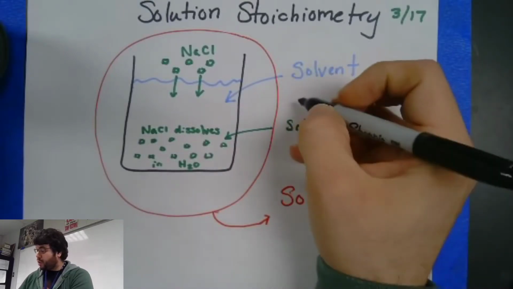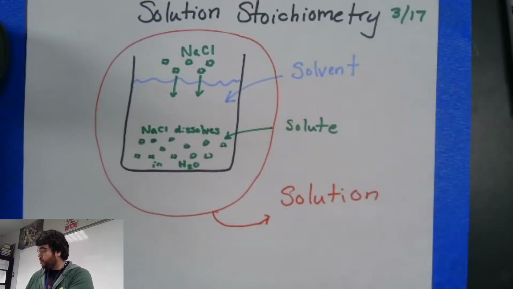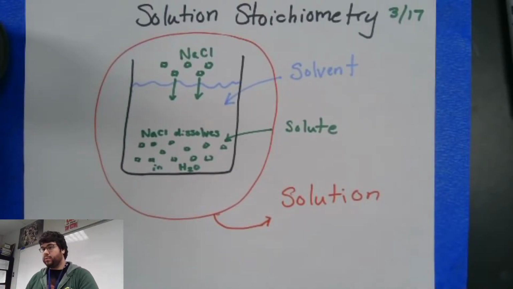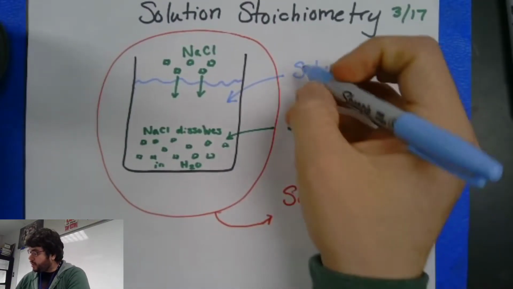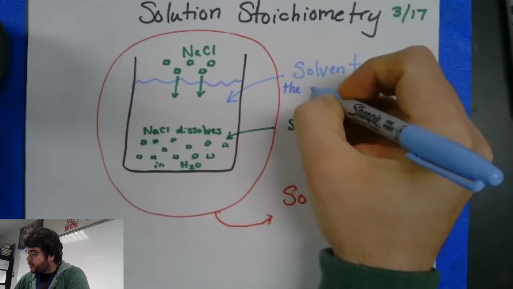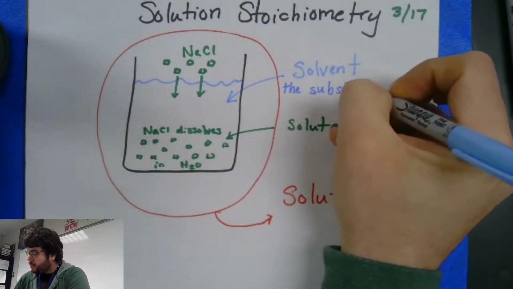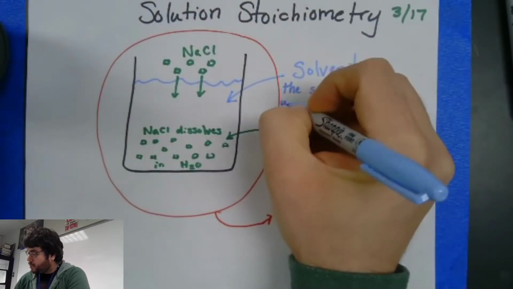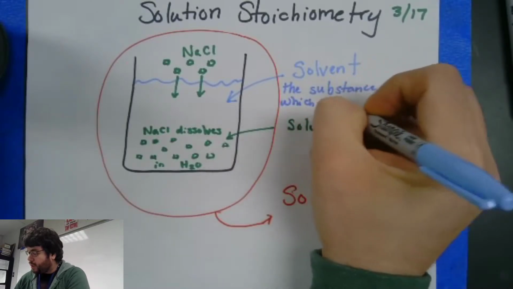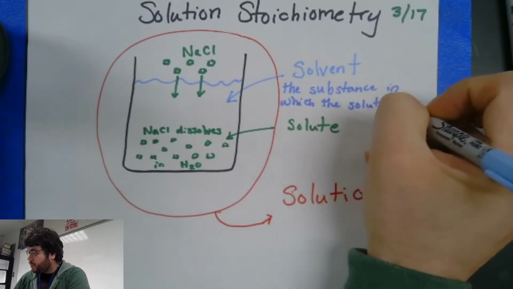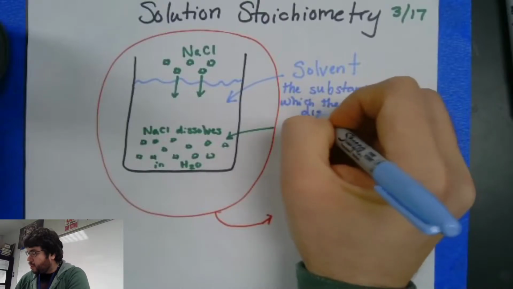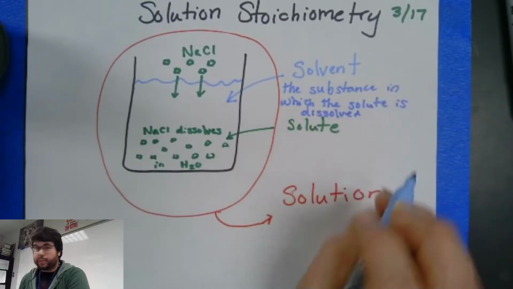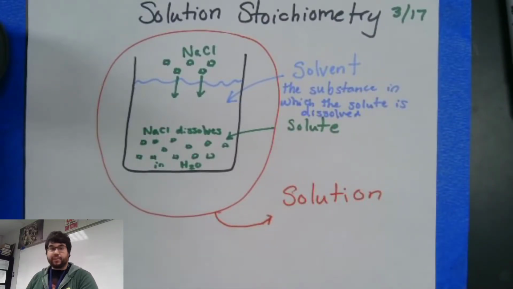Okay, so the solvent is, I'll switch to the blue pen because I'm using blue there, the substance in which the solute is dissolved. Okay, so in this case, for our purposes, water.